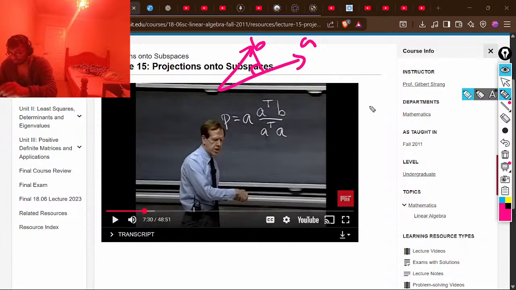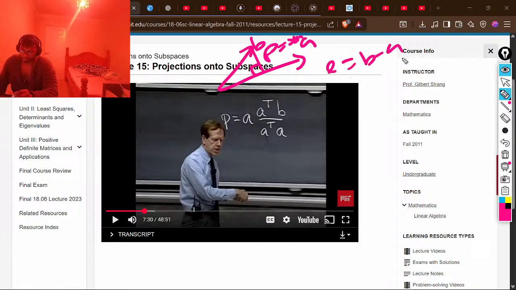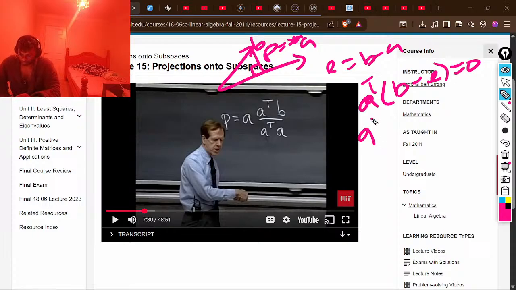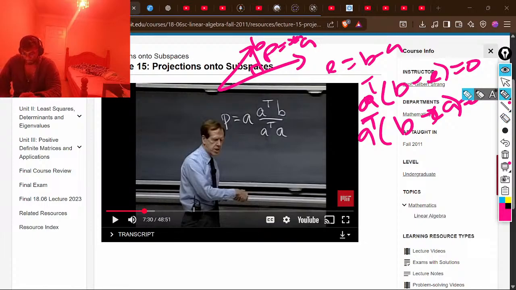So we have P is equal to xA, and we have e is equal to b minus p, and we have, for some reason, A transpose times (b minus p) is equal to 0. Math is actually fun, but everything else can go away. Okay, what else?